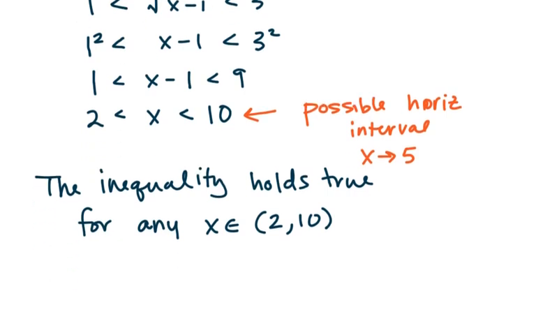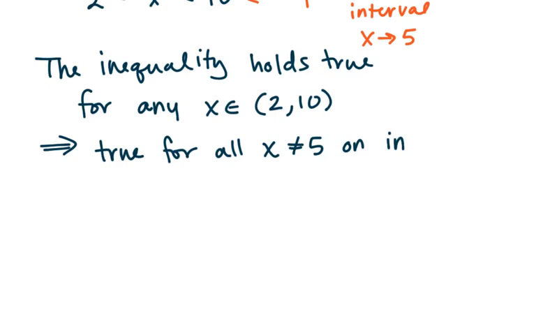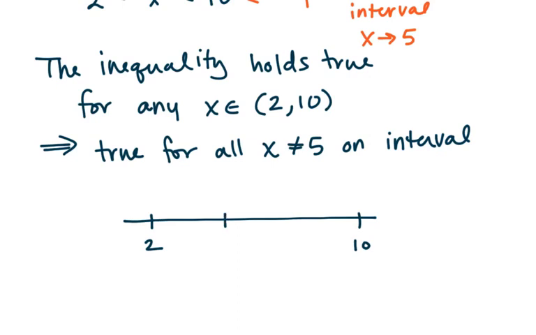Which means it's true for all x that are not 5 on the interval. So if we were trying to determine how to choose our delta, we'd think about that interval from 2 to 10. And 5 is a little bit closer to 2 than 10.